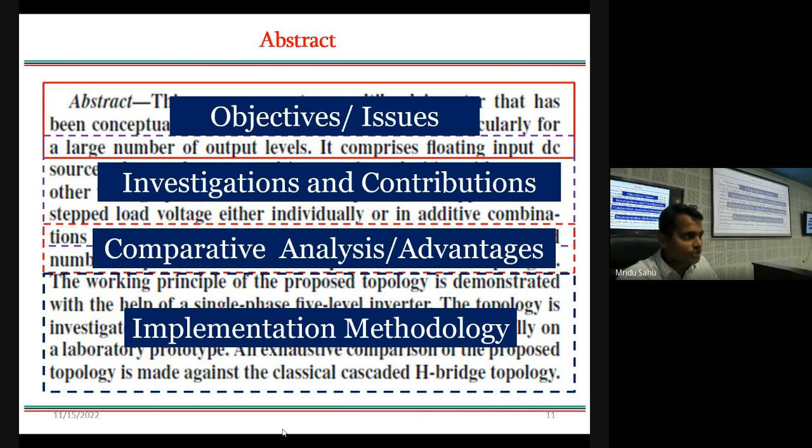This is one sequence. You can play a little bit with the sequence, right? Implementation methodology has to come at the end. Objective and issue have to be on the top. Whatever is in between, you can do some tinkering in that. That is not an absolute restriction that you have to go through this sequence only. But this is the most general and most accepted sequence.